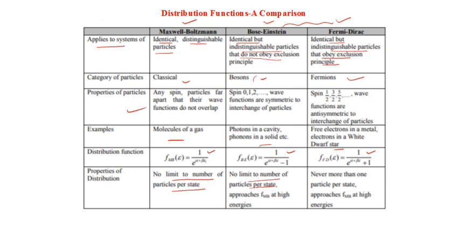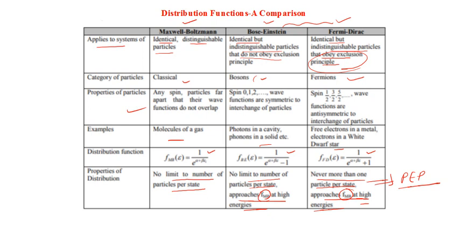But for fermions, never more than one particle per state. This is the result of the Pauli exclusion principle. And both these distributions approach the Boltzmann distribution at high energies, as you have seen from the previous graph.